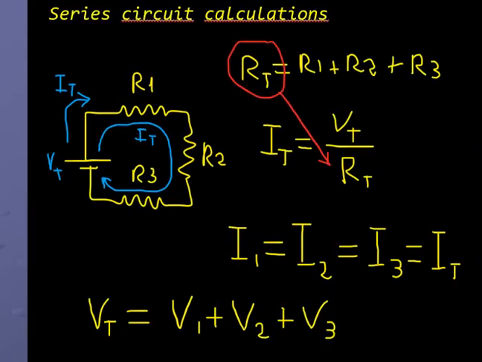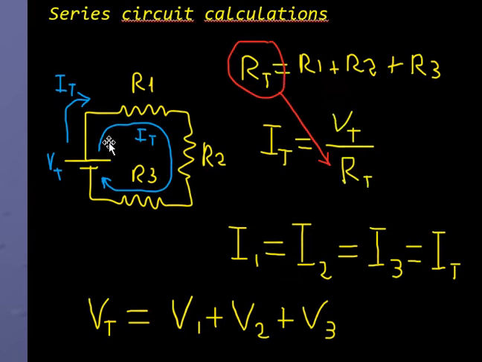So when we have a series circuit, these are the formulas we're gonna use. First of all, we will start by calculating the total or equivalent resistance of the circuit. It's very easy, you only have to add them. Next step will be to work out the total current. For that we will use Ohm's law with the total voltage and the total resistance we already calculated.